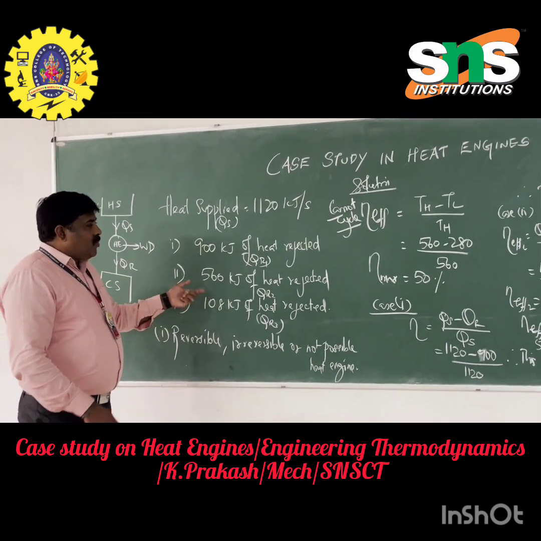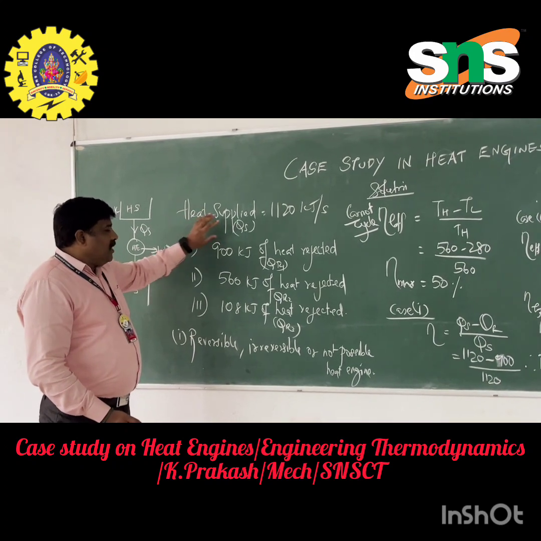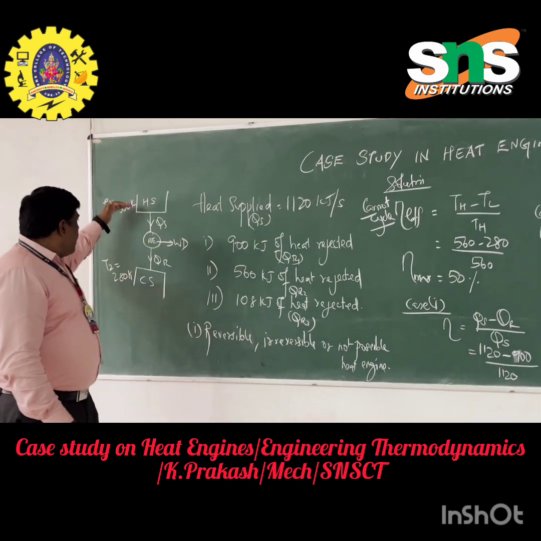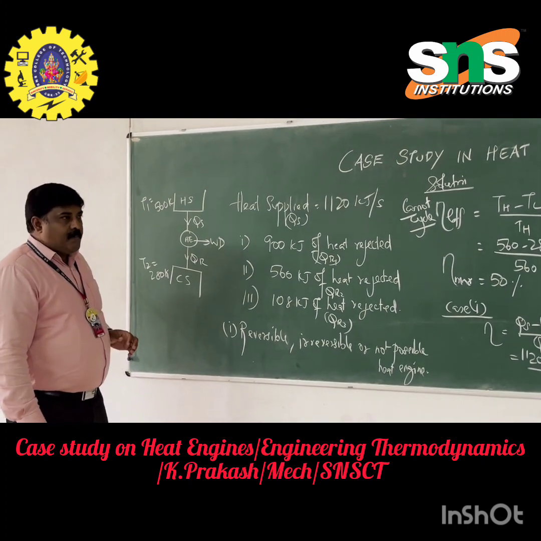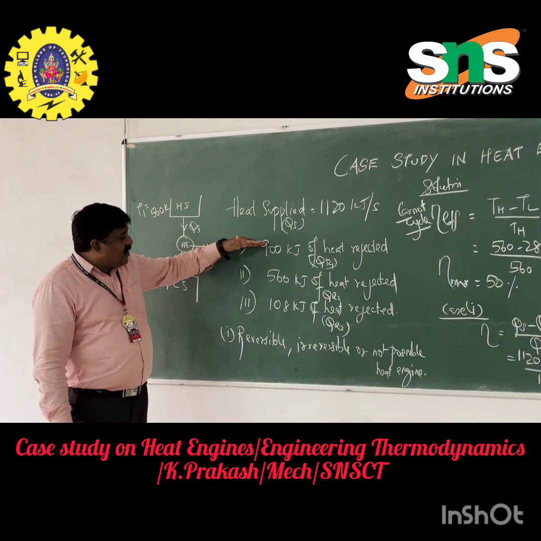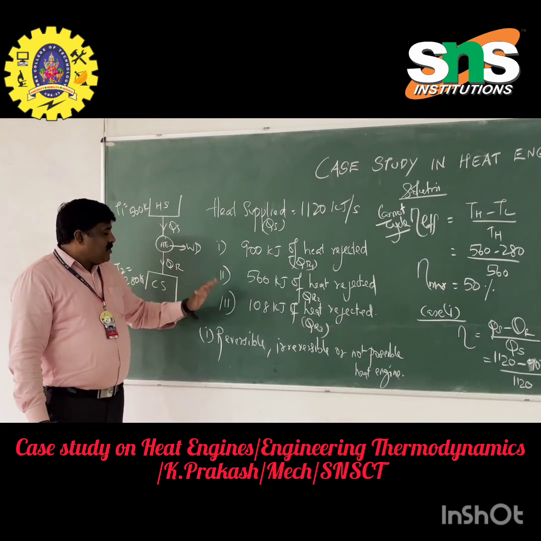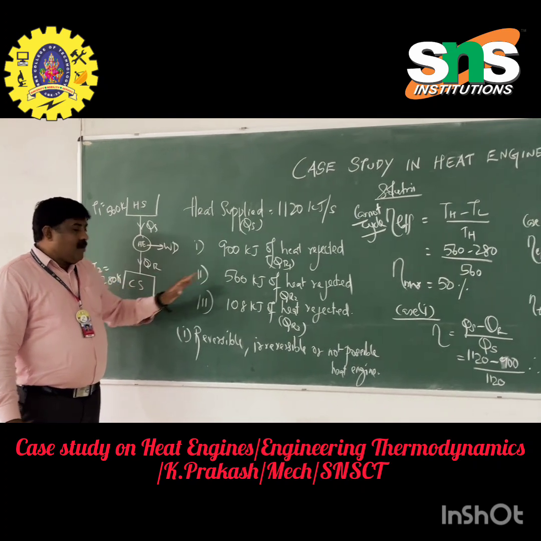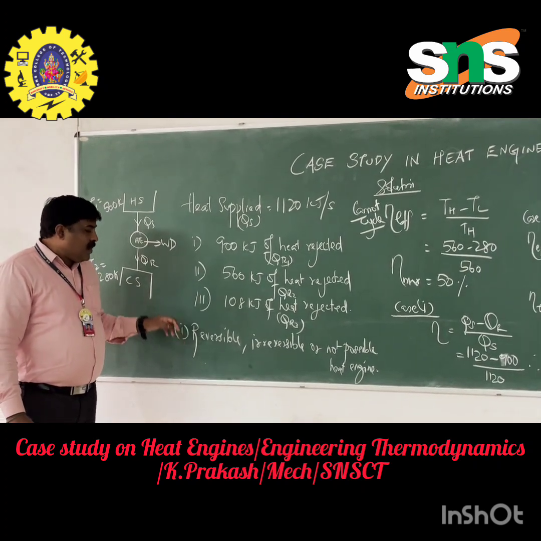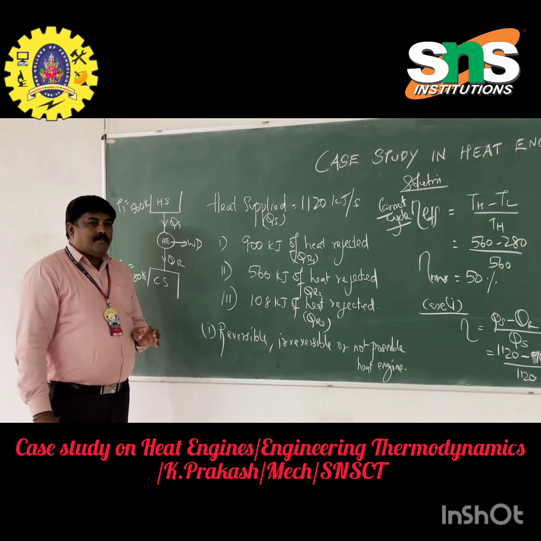Here, in the case study, we have taken the heat supplied and the operating temperatures between the hot source and the cold source, and we have taken 3 different heat rejections: 900 kilojoules, 560 and 108. Based on these conditions, we are finding whether it is a reversible, irreversible or not possible heat engine.